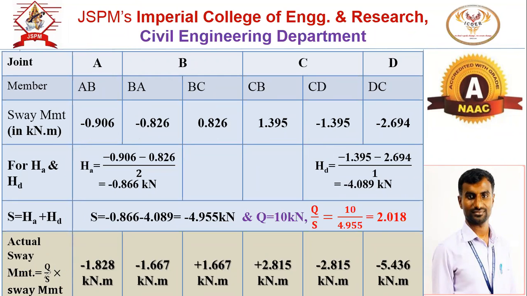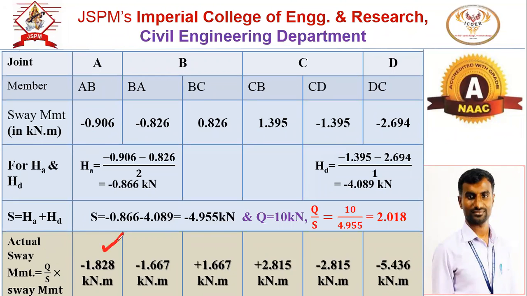Okay, and the Q by S fraction is 2.018. So the final actual sway moment of MAB is minus 0.906 into 2.018. So the moment will be minus 1.828.